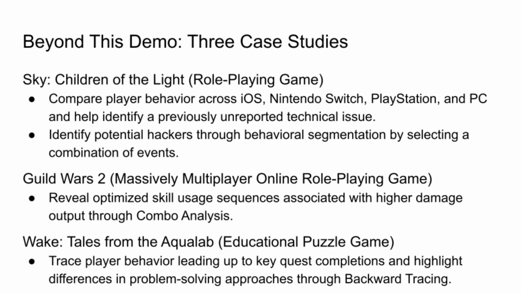In a massively multiplayer online role-playing game, Guild Wars 2, we reveal optimized skill usage sequences associated with higher damage output through combo analysis. In Wake Tales from the Aqualab, an educational puzzle game, we employ the backward tracing feature to trace player behavior leading up to key quest completions and highlight differences in problem-solving approaches.